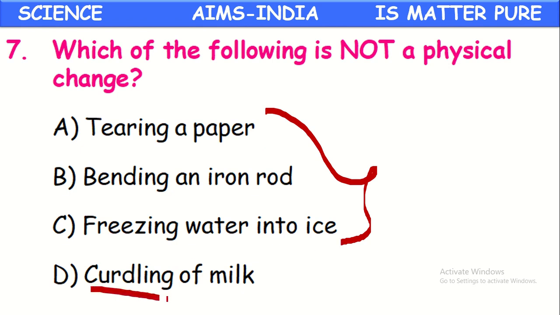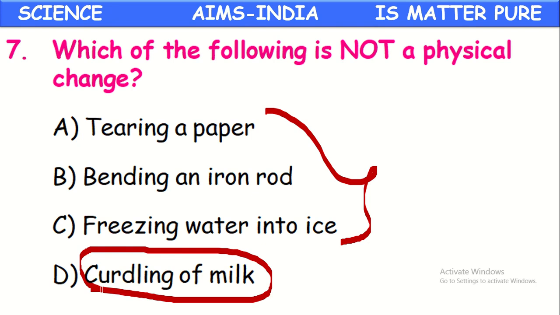But in curdling of milk, the chemical composition changes. Milk converts into curd, and it is an irreversible change. We cannot get milk back from curd, isn't it? Such a change is called a chemical change. So it is not a physical change.